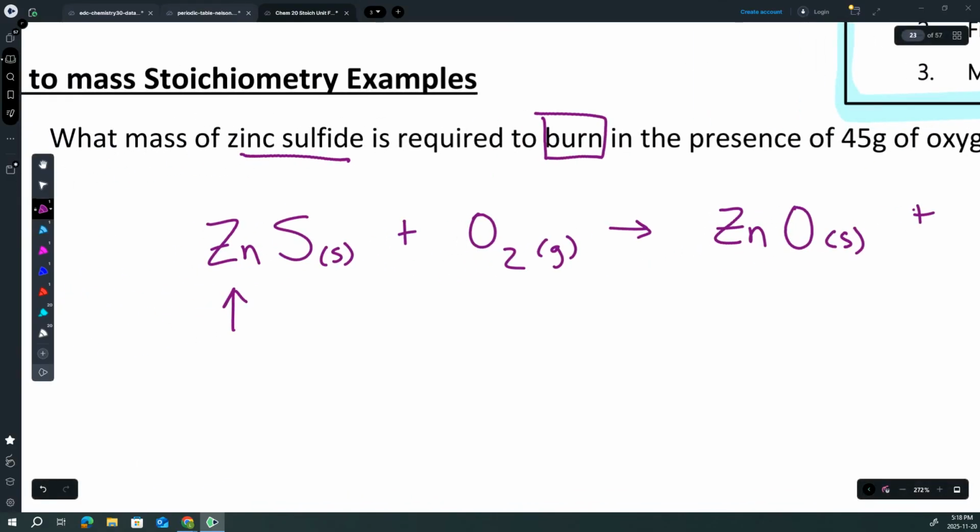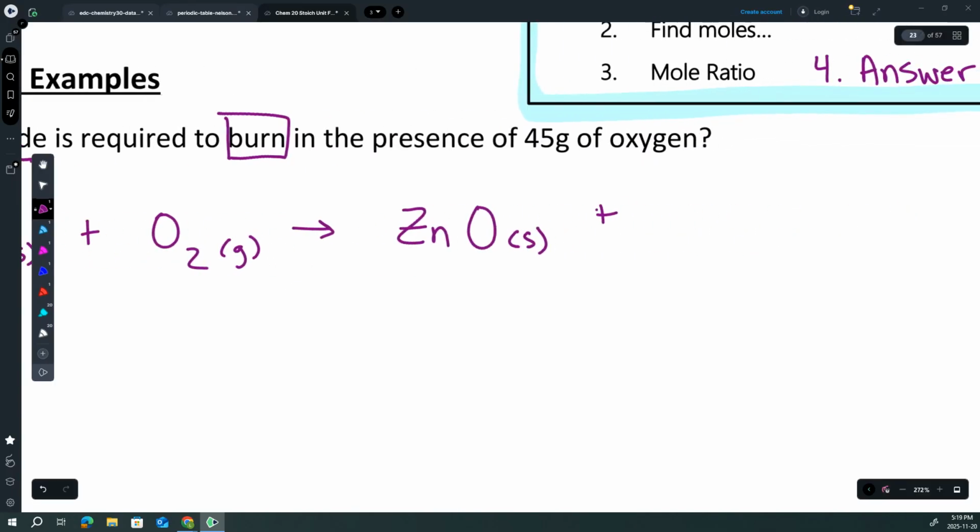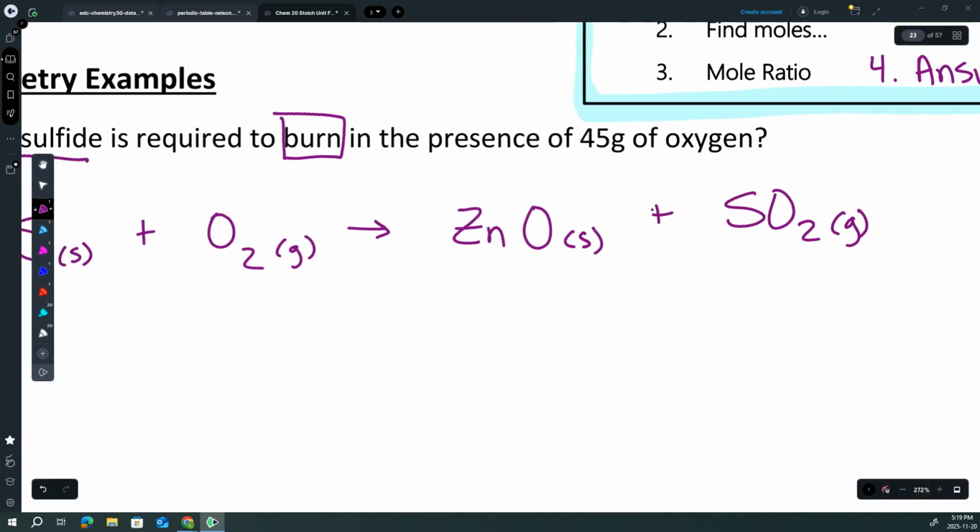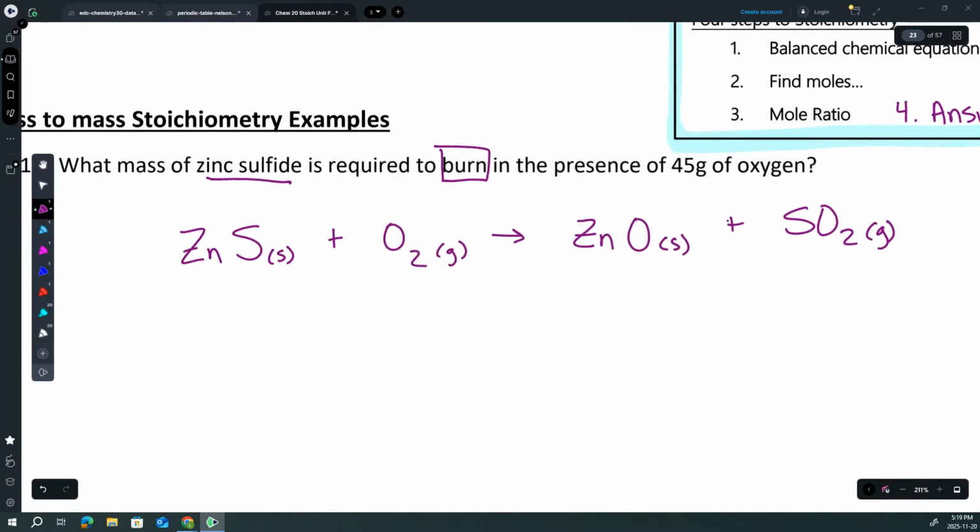Last but not least, we've got to react oxygen with sulfur, and the most common oxide that's created with sulfur is going to be sulfur dioxide, which is a gas. As a reminder for the most common oxides that can get formed with certain elements, make sure to review those back in your notes that talk about combustion reactions.